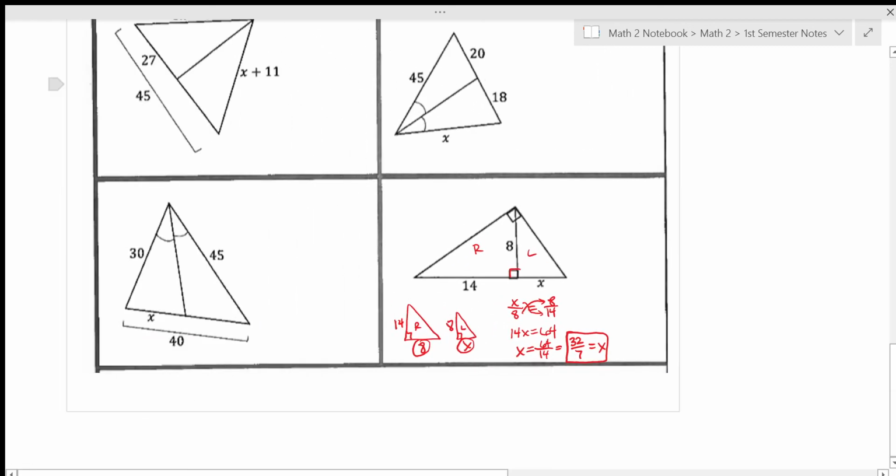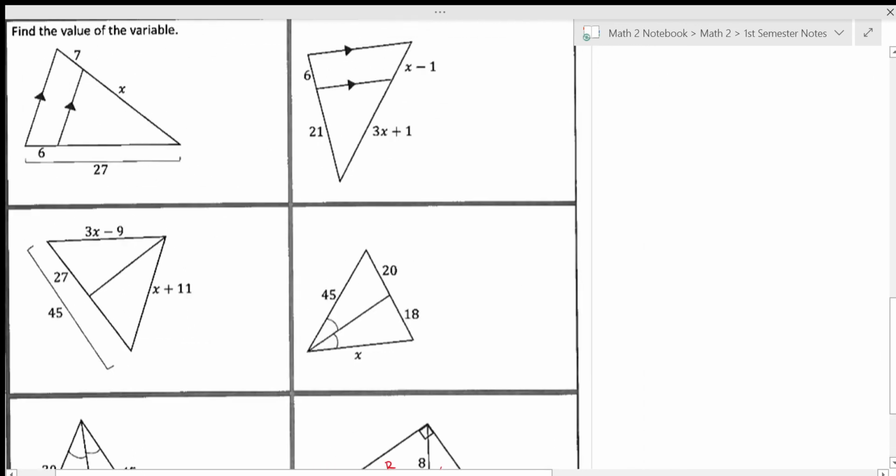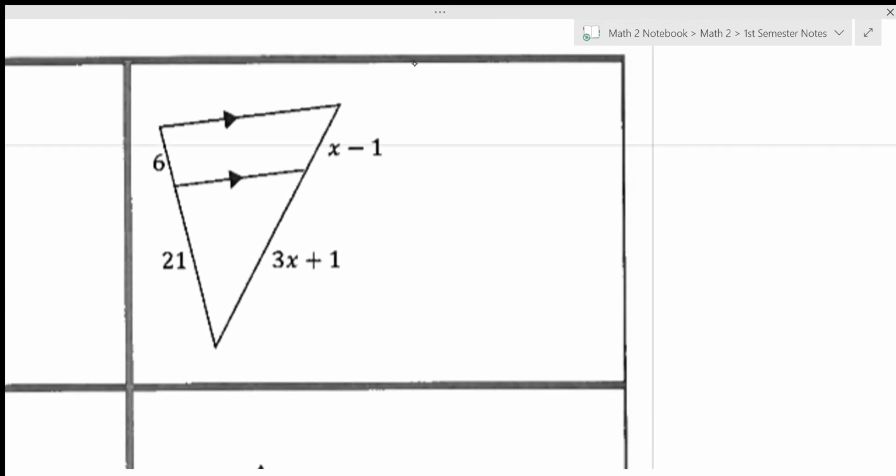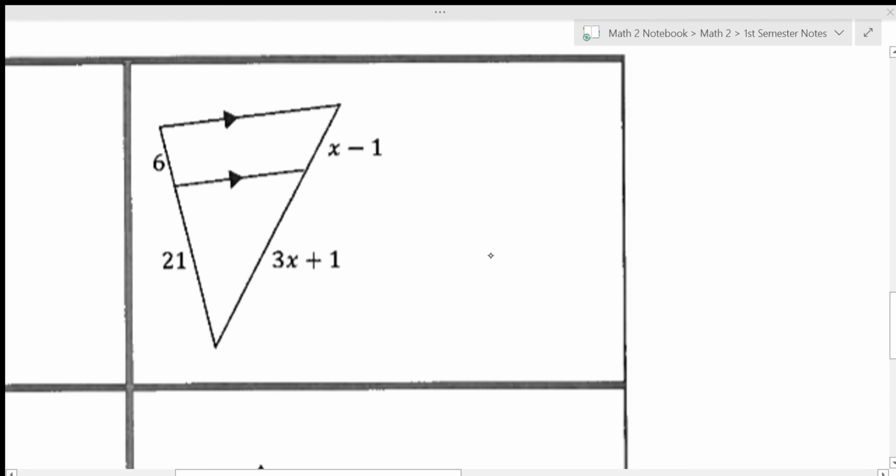Okay, so we have time for one more here. Let's go ahead and do this side splitter. So this side splitter, again, we're going to be looking at our side splitter theorem up above. So we're going to go one piece, 3x plus 1 over x minus 1 equals 21 over 6.